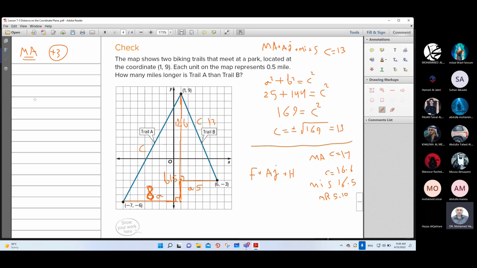Check with me now. A squared plus B squared equals C squared. So A means 8. 8 times 8 will be 64. And B is 15, 15 times 15 will be 225, equals C squared.